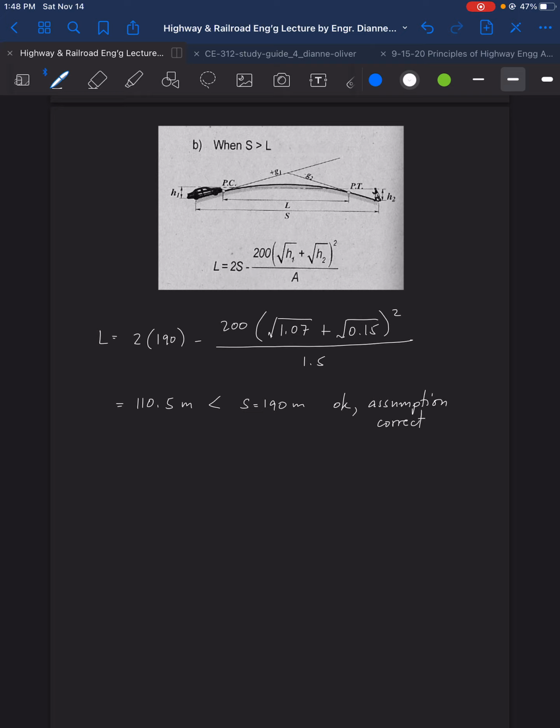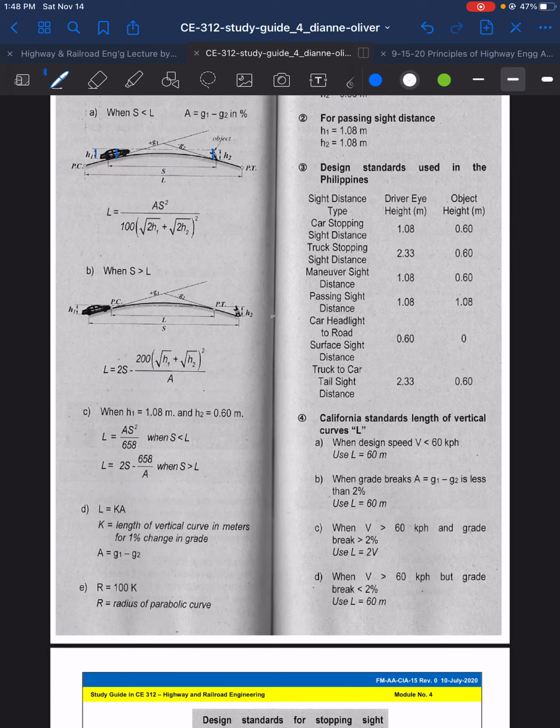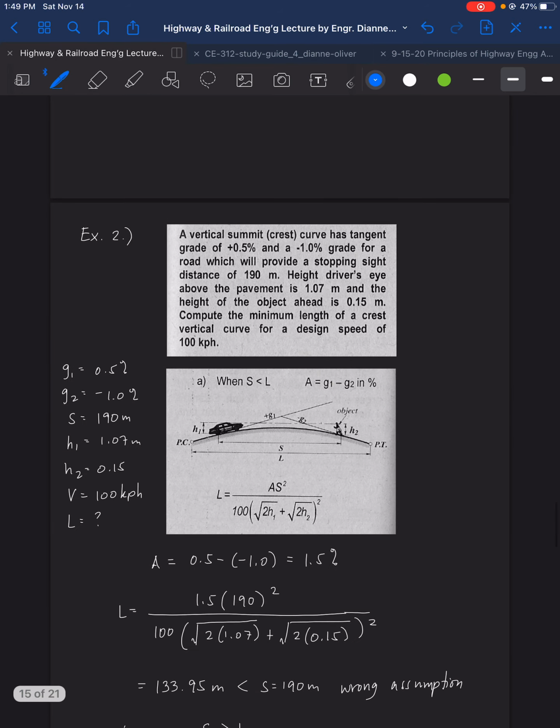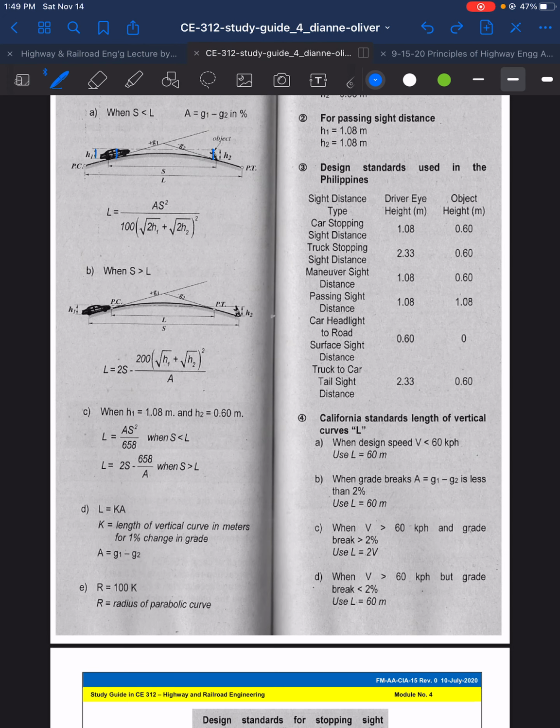We're looking for the minimum length of the highway. Now we will check here. Since our design speed is 100 kph, to which is it applicable?